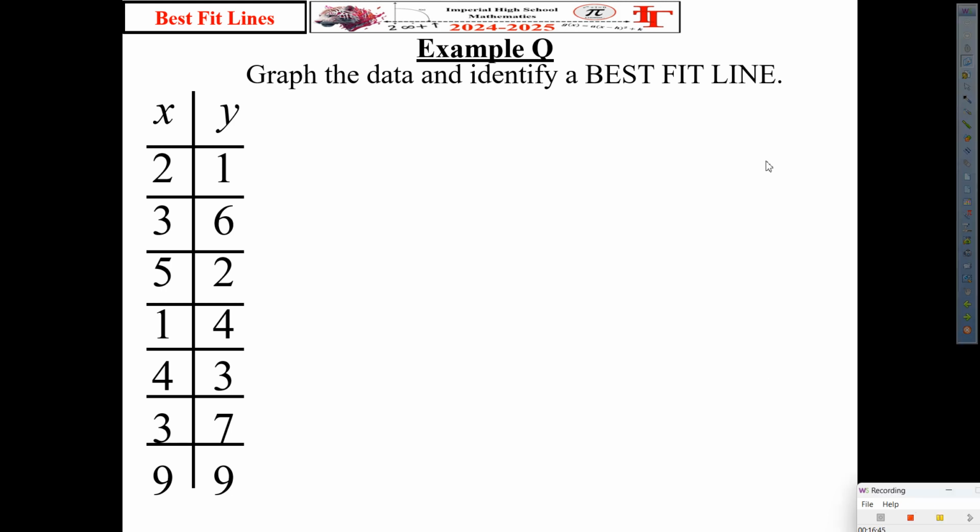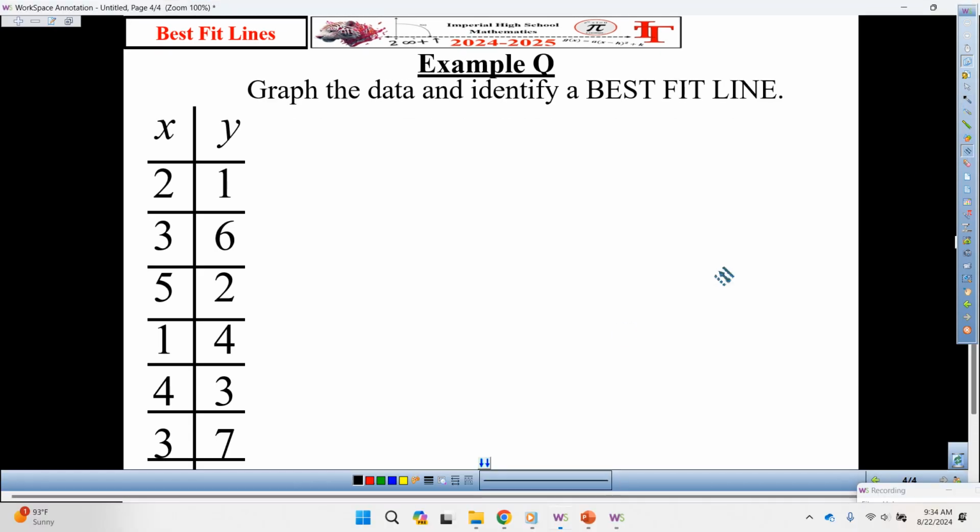So here we go. We need to graph this, and if you look up to the screen, all the X values are what? Positive values. How about the Y's? Also all positive. Therefore, I want you to do this: only one quadrant, like so. This is X. This is Y. We're going to start at 0 right here.